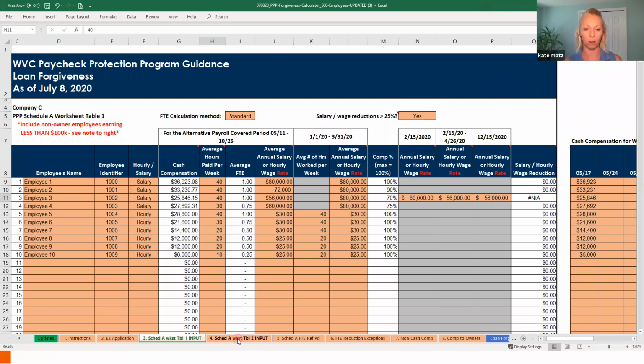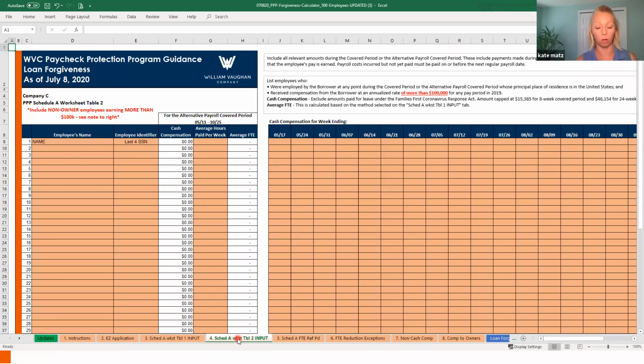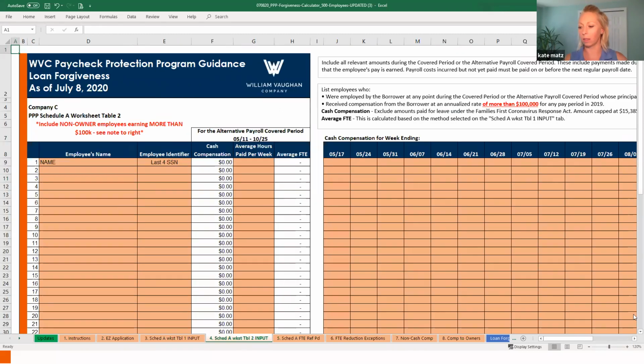So let's move over now to tab 4. This is where we're going to input information on our employees that made over $100,000 in 2019. Again, this is based off of looking at the highest pay period in 2019 and annualizing that out.